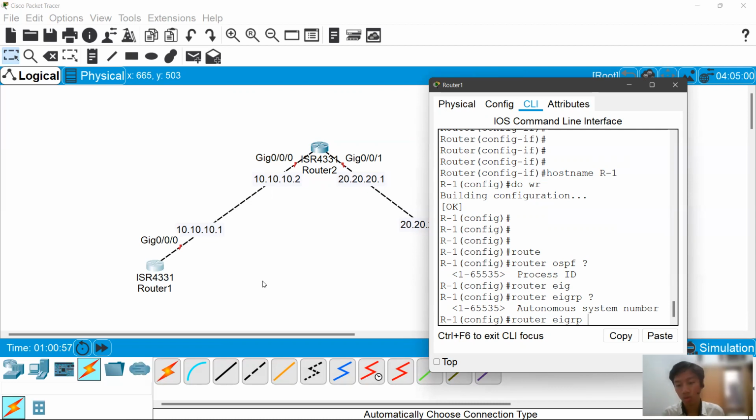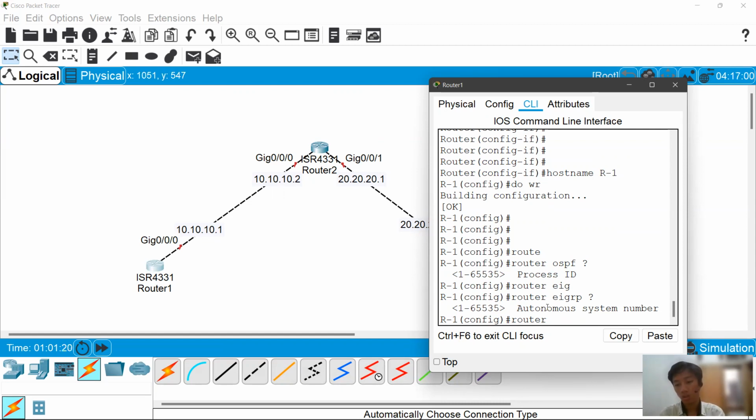If router 1 is AS number 5, router 2 must be AS number 5, and router 3 also, the same. Okay, now the configuration.